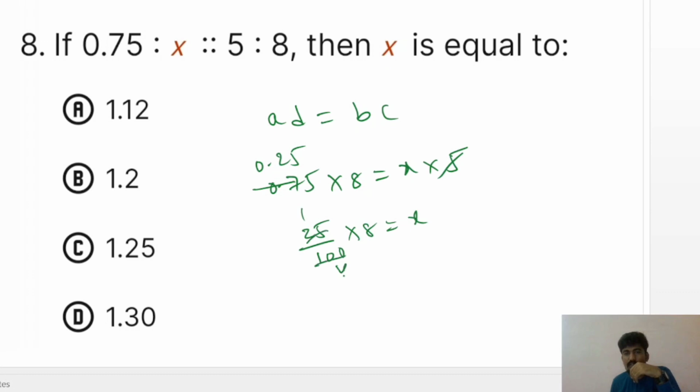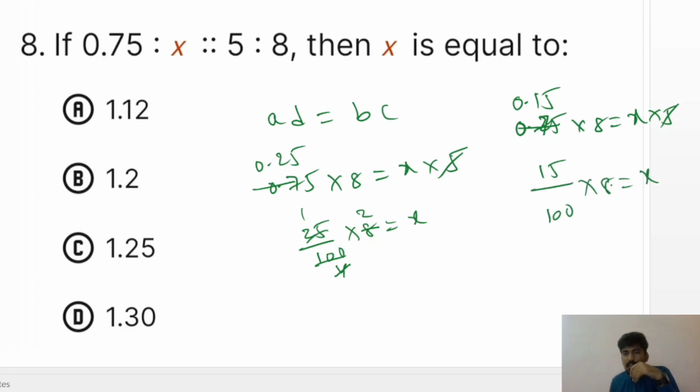Sorry, 0.75 into 8 equal to x into 5. Here 0.75 is 75 by 100, so 75 by 100 into 8 equal to x, divided by 5, which is 15 by 100 into 8 equal to x. 4 twos, 4 25s, 5 3s, 5 5s, that means 6 by 5 equal to x.